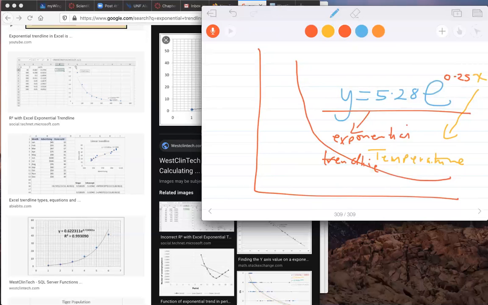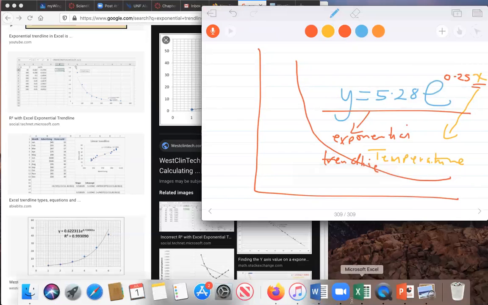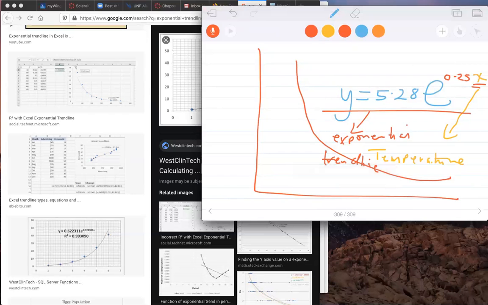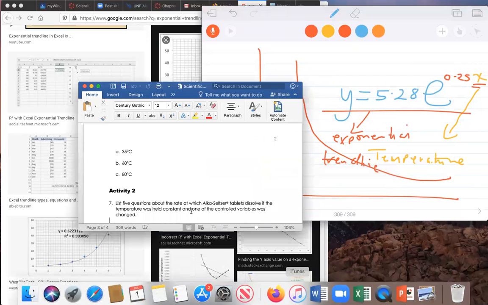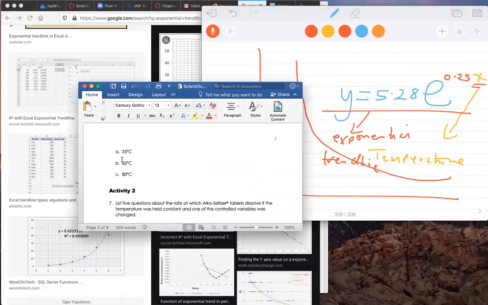The x right here will be the different temperatures given in question 6. Let's see question 6. The x could be 35, 60, or 80 as given there.